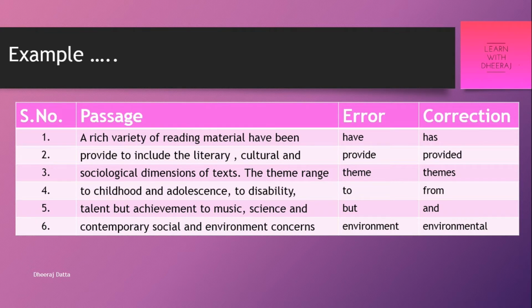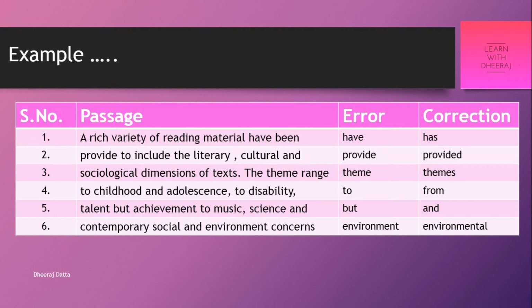"Has" is the correct word instead of "have" here, because when we apply rules of subject verb agreement, material is singular but "have" is plural. Since material is singular in nature, I have to use a singular verb here. So instead of "have", I have replaced it with "has". So the error type in sentence number 1 is based on subject verb agreement.